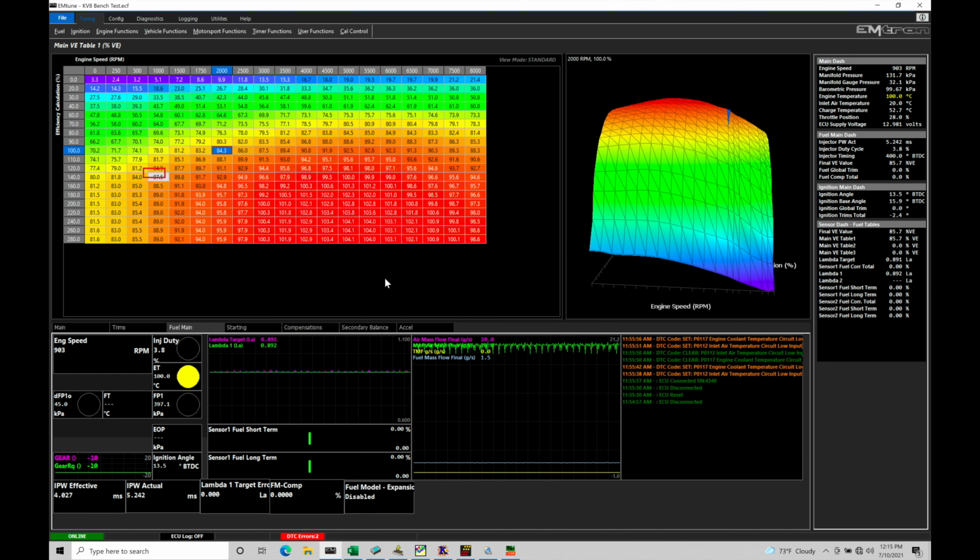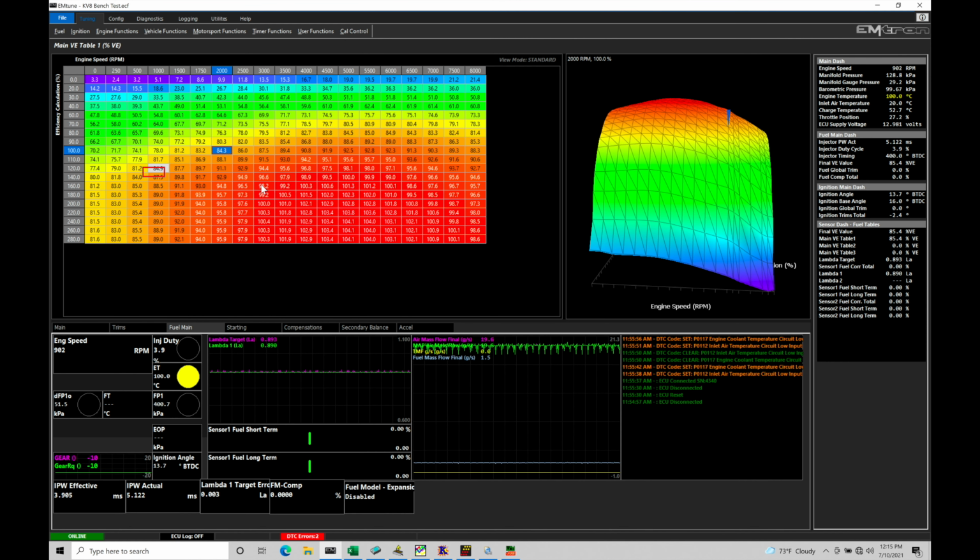Now, if we're comparing mass airflow style tuning to speed density tuning that we talked about in our last training tutorial, speed density tuning requires a three-dimensional table to estimate the percentage of cylinder filling that goes into the equation to calculate the estimated amount of air mass.